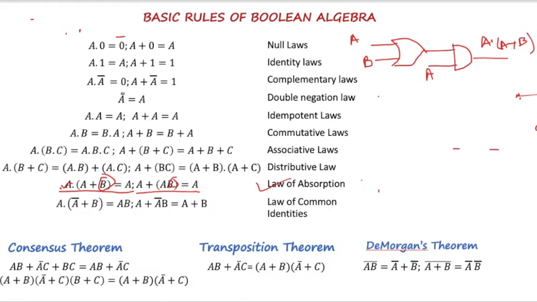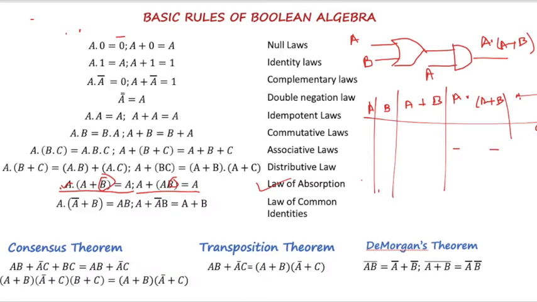So the truth table is A, B, A plus B, and then so here you can see that A or B ANDed with A gives the variable A itself, where B is absorbed.